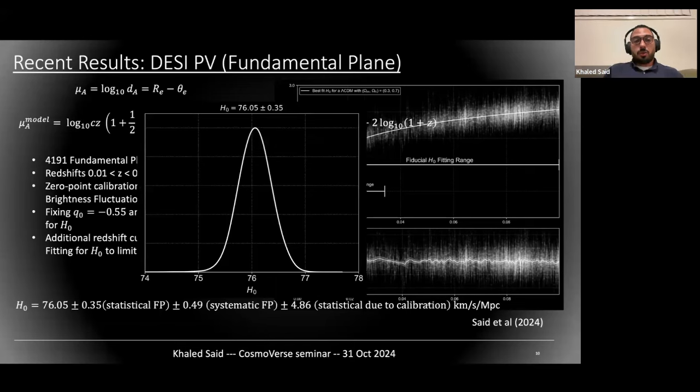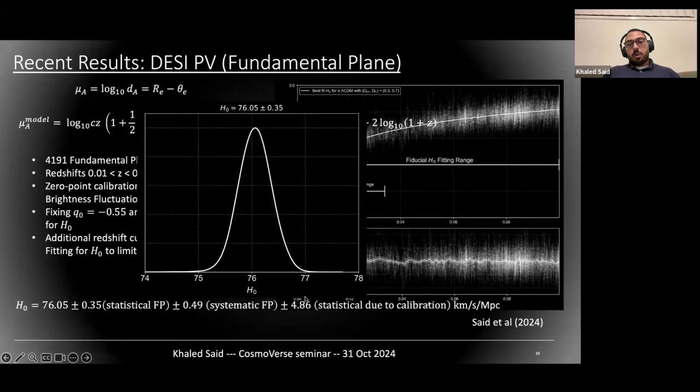We found an H0 of 76.05, which is a little bit high, but because we're using only one galaxy to do the calibration, our statistical uncertainty due to calibration is huge. So actually this measurement agrees with SH0ES, and it agrees even with Planck within 2 sigma.